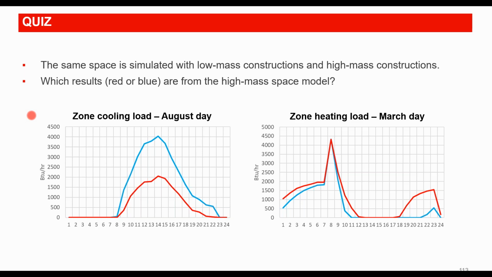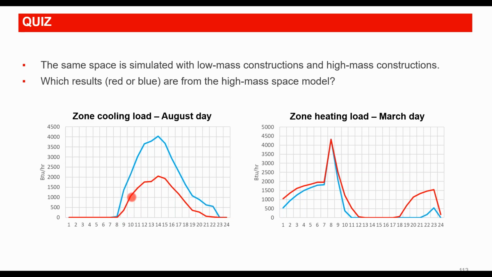So if you had a high mass building compared to, say, a low mass building, which one would be the high mass? Yep. Okay. So I think getting responses of red.